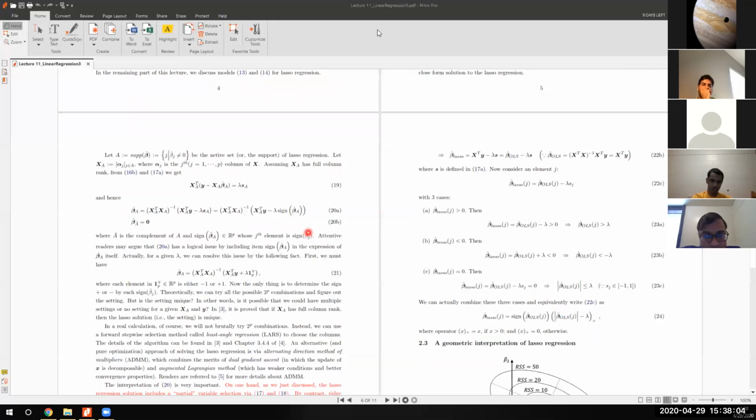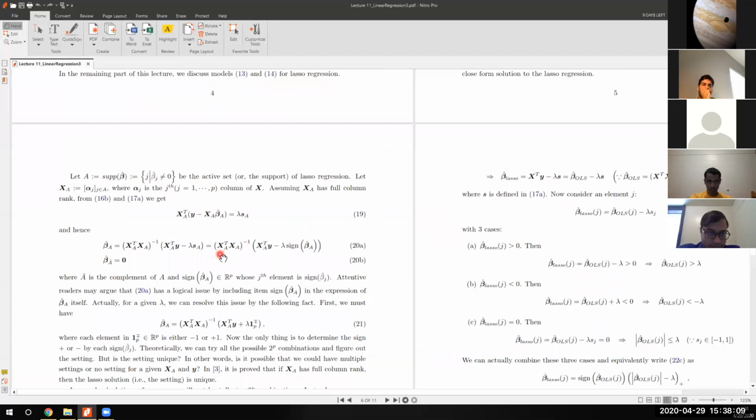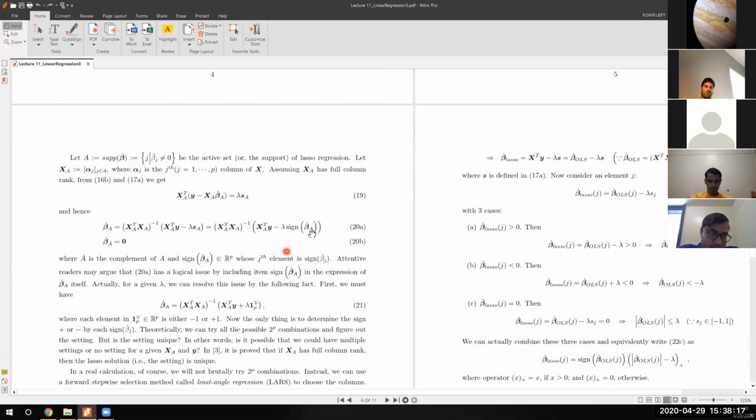But 20a does give us a lot of information about Lasso. What is this information? It is given by this, lambda times the sign of beta_A. Here's the point. So why is there no logical issue here? You can consider it in this way. First of all, here we go.